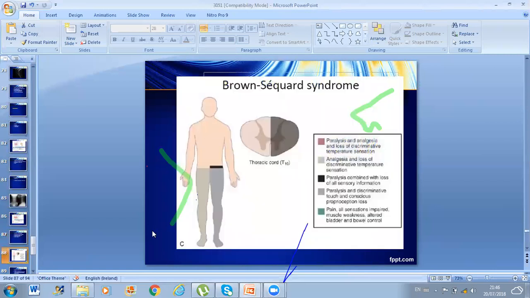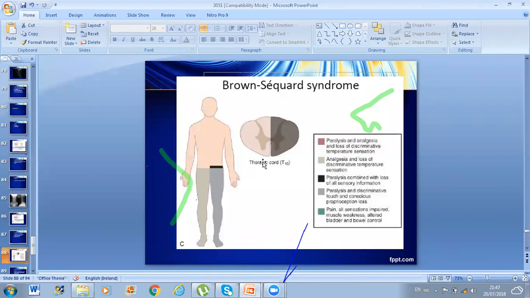Who will tell me what is Brown-Séquard syndrome then? Brown-Séquard is basically hemisection of the spinal cord. Yes, excellent. And it involves the sensory disruption one level below on the contralateral side, and the motor disturbance on the ipsilateral side. Okay. The corticospinal tracts are involved on the ipsilateral side.